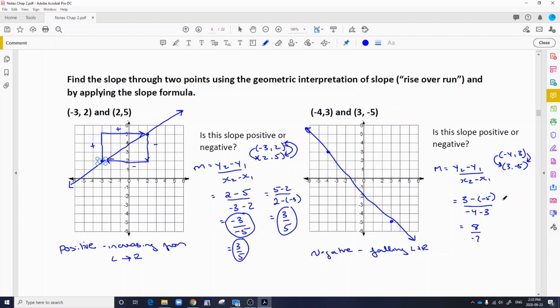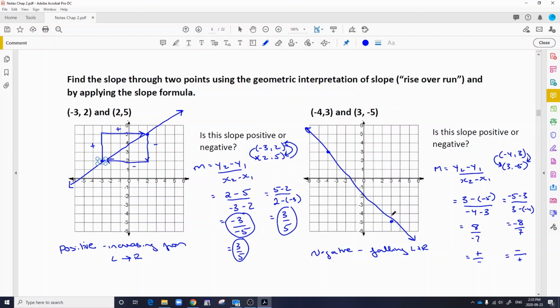If I had used my points the other way, I would have gotten -5 minus 3 over 3 minus -4, which would give me -8 over 7. The reason that I'm showing this is that when you're graphing a negative slope, you have to have one positive direction and one negative direction. So this is a positive over a negative, which is the same as a negative over a positive.